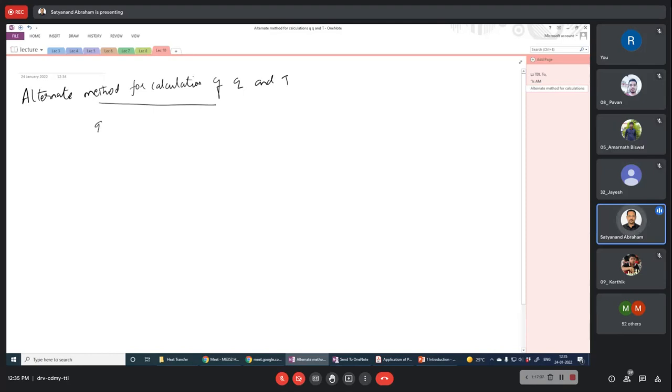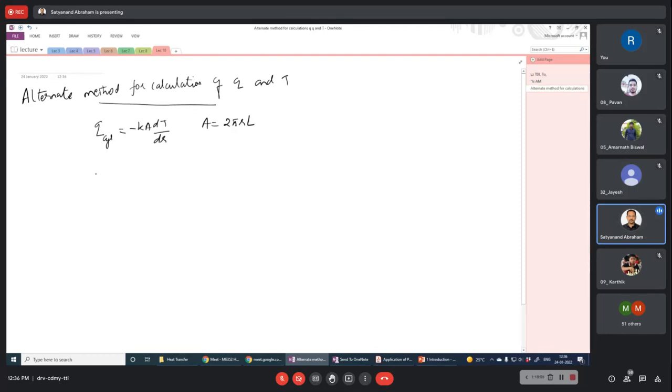We know Q cylindrical is equal to minus KA dT by dr. This is our basic equation. We know that A is equal to 2 pi r L at any r, which is the cross-sectional area for heat to pass in the radial direction.